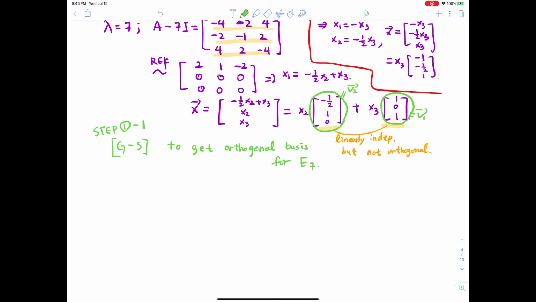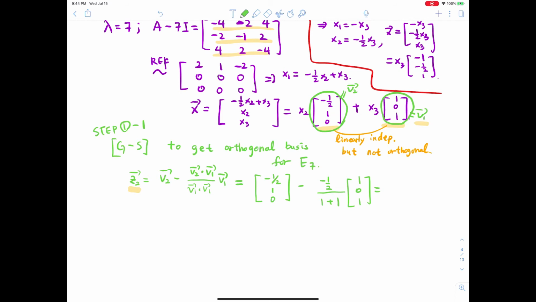the Gram-Schmidt process tells you that if you set z2 equals v2 minus the projection of v2 onto v1, which is v2 dotted with v1 over v1 dot v1 times v1, then this new vector z2 is orthogonal to v1. So this gives you negative 1/2, 1, and 0, minus, if you take the dot product, negative 1/2 over 1 plus 1, multiplied by 1, 0, 1.